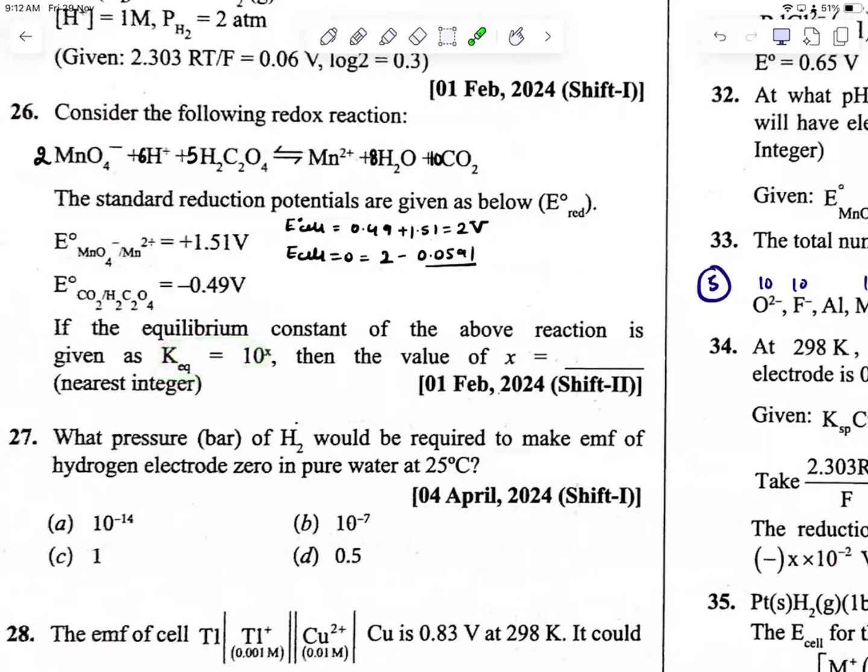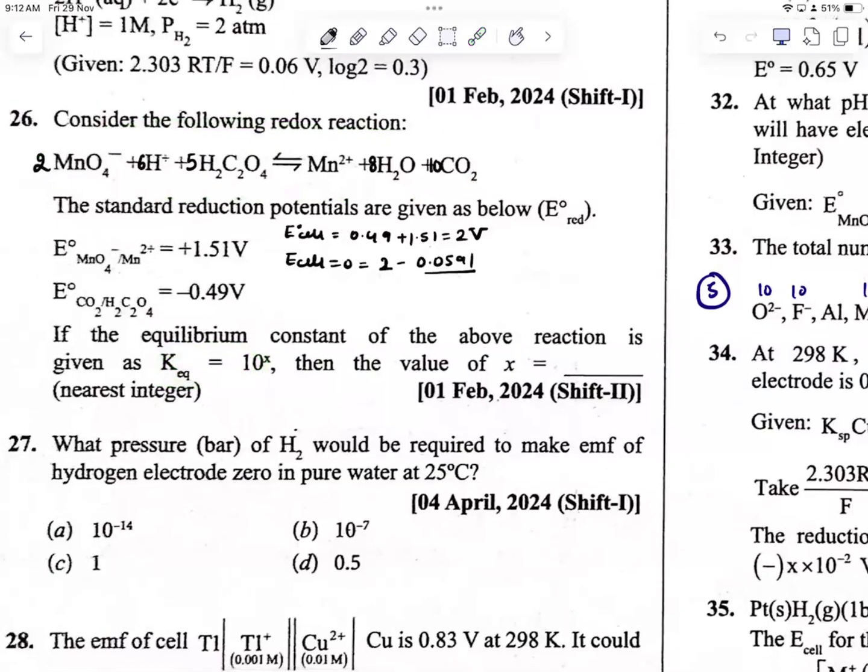So you don't have to worry about balancing this. So simply, E cell will be E naught cell, this 2 minus this one divided by 10, electrons transferred, into log of K equilibrium. Okay, log of K equilibrium.